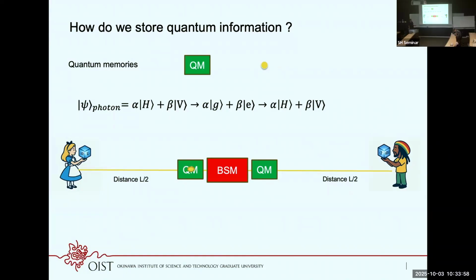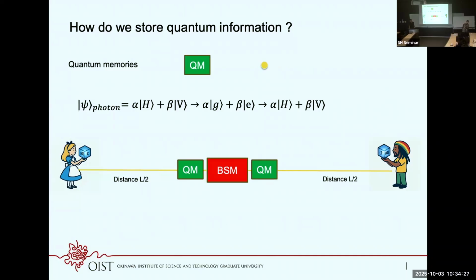So this photon has been stored, and we wait until the photon sent by Bob reaches the other quantum memory. When these two quantum memories are loaded with the states sent by Alice and Bob, the photons can be retrieved and we perform a Bell state measurement.